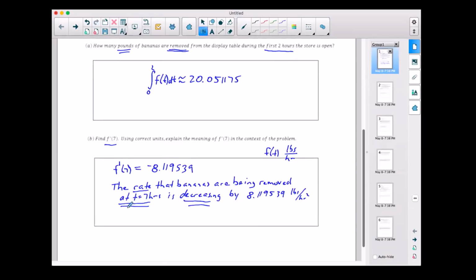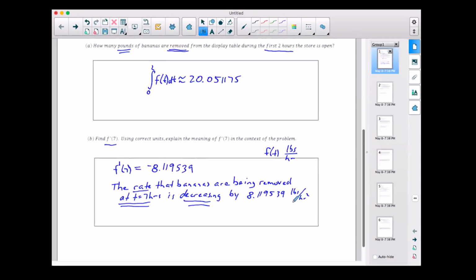And so we have to be very clear that what we found was only for a moment. So when we use the word at, that clearly indicates it's at that moment and no other time. So if you say during the 7th hour or after 7 hours or over the hour or something of that effect, you're no longer doing something instantaneous. You're now basically giving it a duration. So we want to be careful for that.